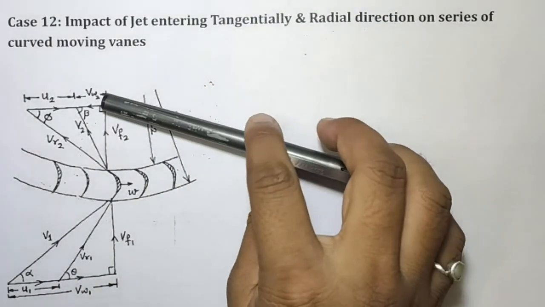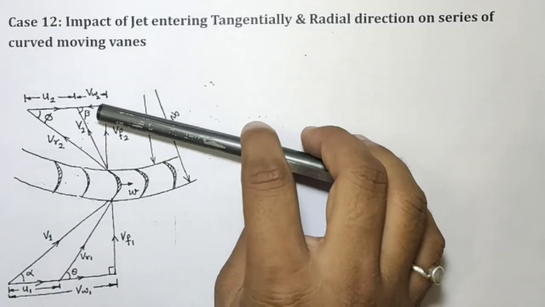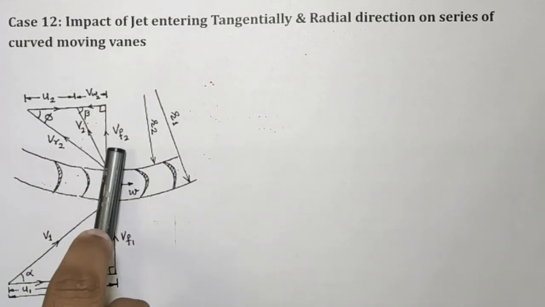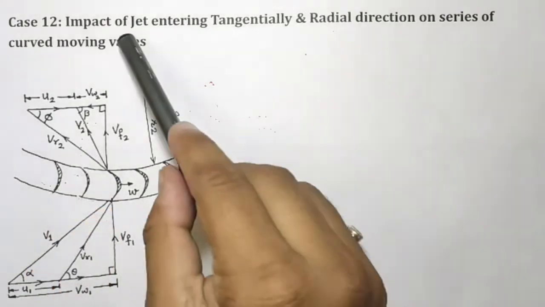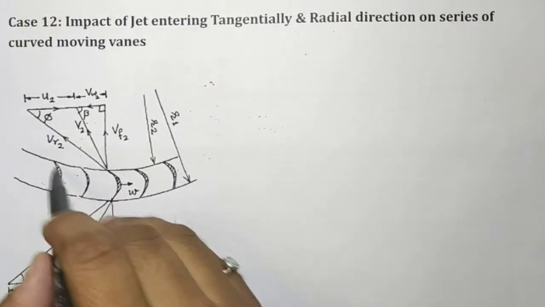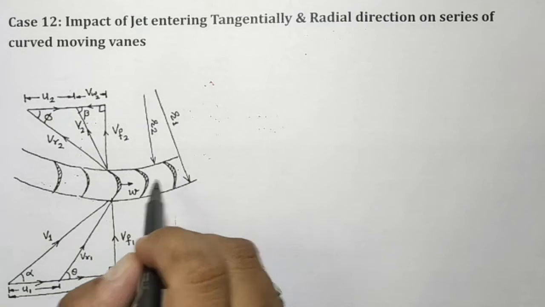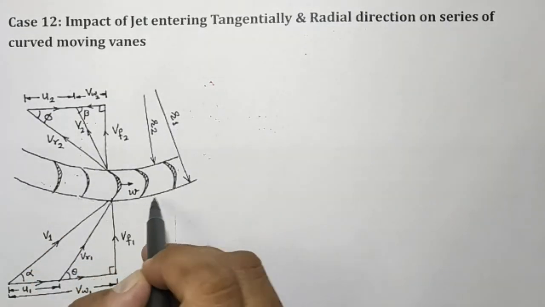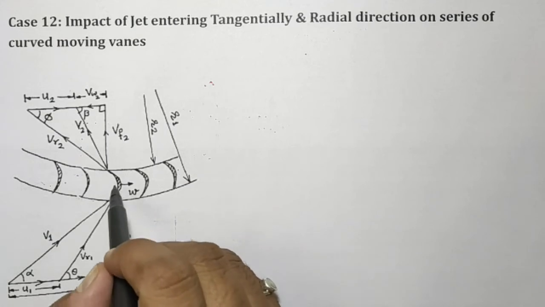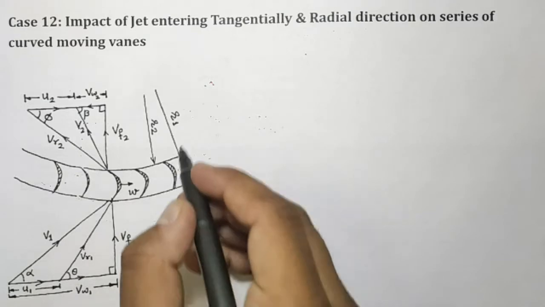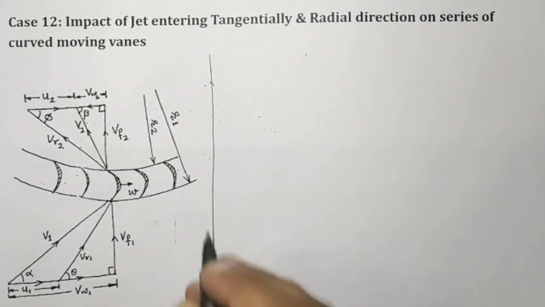Similarly, vw2 is the tangential component of v2, and the axial components are vf1 for v1 and vf2 for v2. R1 and R2 are the radii of the wheel where the vanes are attached, R1 at the inlet and R2 at the outlet.